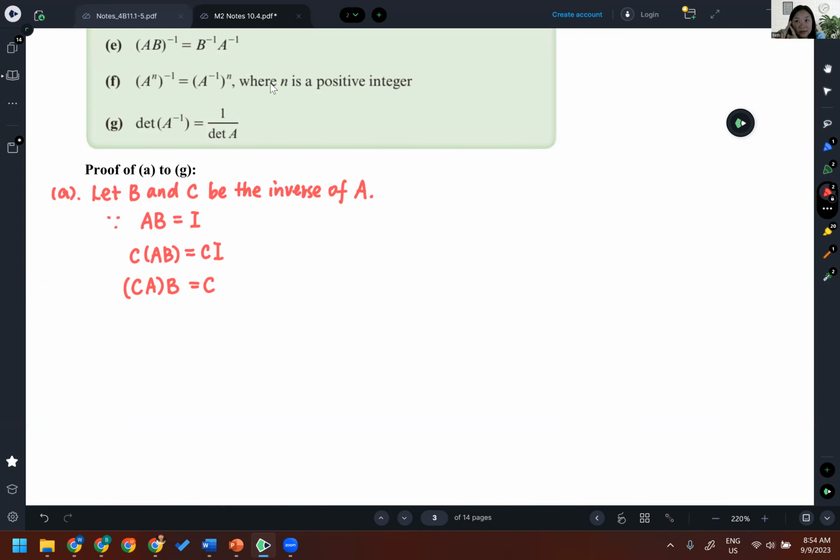Now it's CAB, it's still CAB, it's just I do CA first. Okay. And because we know CA is I, so IB equals C. Therefore, we get B equals C. So for any two inverses of A, B and C, they're equal. Therefore, the inverse of A is unique.